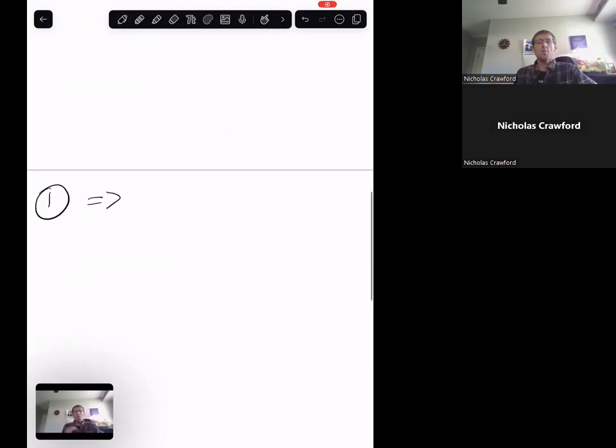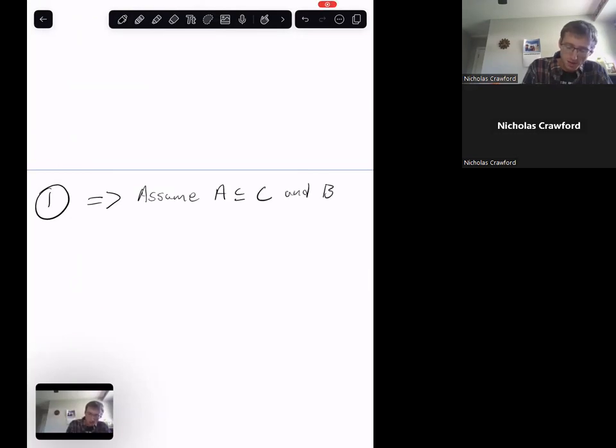The forwards direction means assume the if part and prove the then part. With an if and only if, it's assume the if, prove the only if. So we're going to assume A is a subset of C, and B is a subset of C as well.